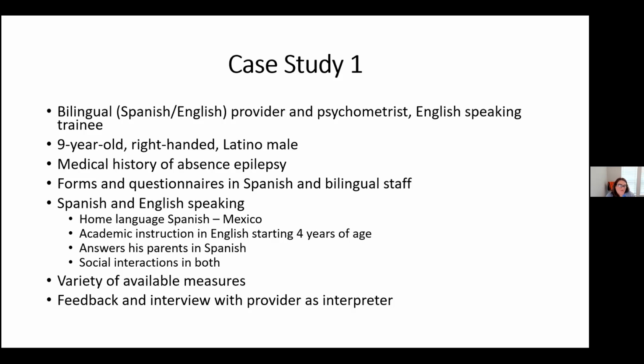I'm going to do confrontational naming and receptive vocabulary, depending on the measures that I have. So I'm looking at single-word vocabulary, basic conversational language in both languages, then academic language in English, and testing academics in English, right? So really thinking through: what's the process? What's the language? What are the measures?